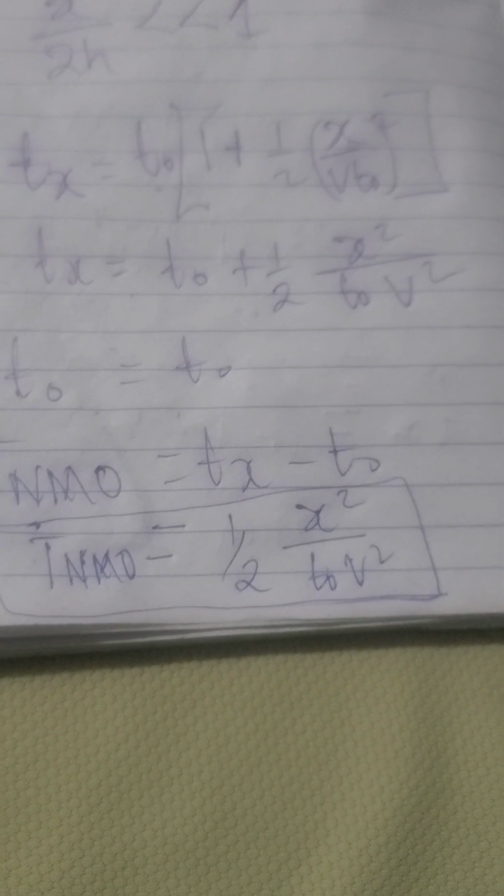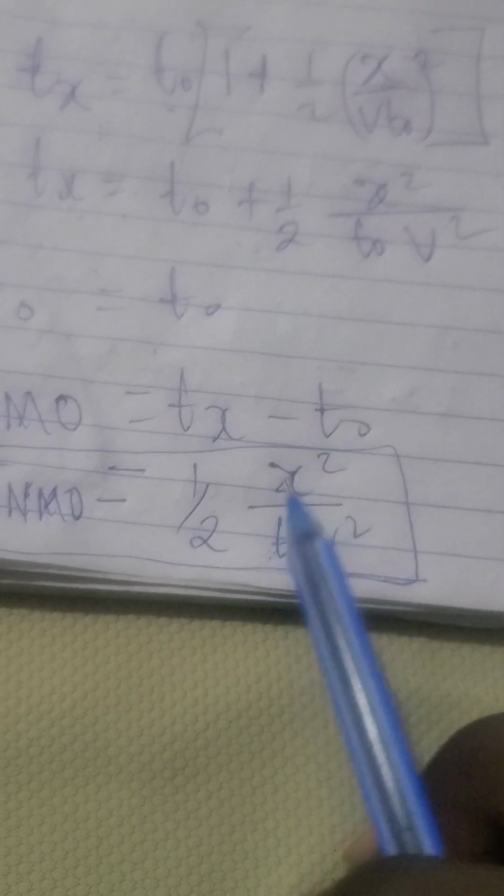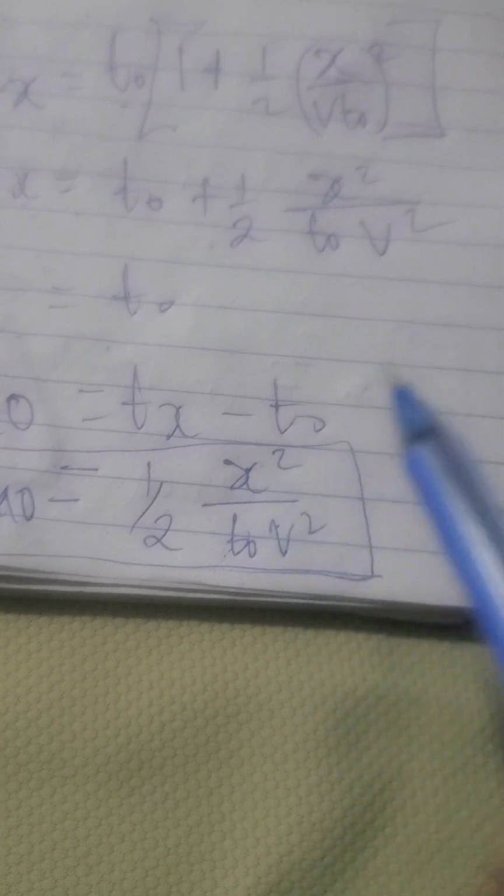If the interface is at a shallow depth, then the condition of x over 2h being less than 1 will not hold, and therefore if this formula is used to find the normal move out, it will not work accurately, but it will involve errors. But what to do? The simple solution is to include the third term. So if we include the third term, the expression for tx will be given as this one here.